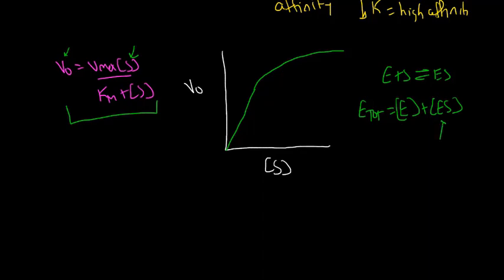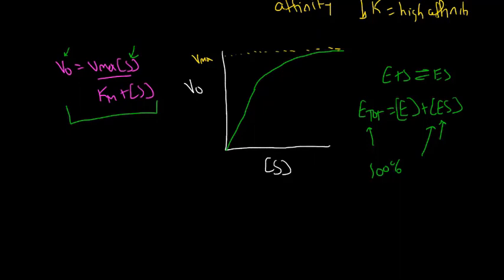Since the concentration of the enzyme-substrate complex is limited by the total enzyme concentration, there has to be a maximum velocity. When we've reached the maximum velocity, 100% of our enzyme has a substrate bound to it. So the overall rate of this reaction is limited by the amount of enzyme that we have. We can see that on our graph here. This point where we've reached a maximum, this velocity is our Vmax.